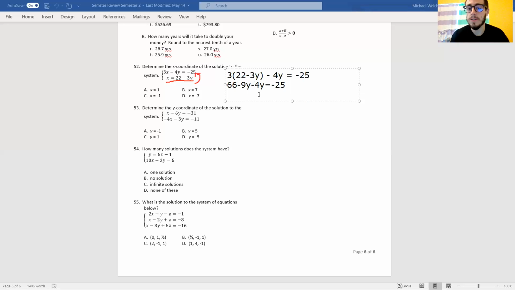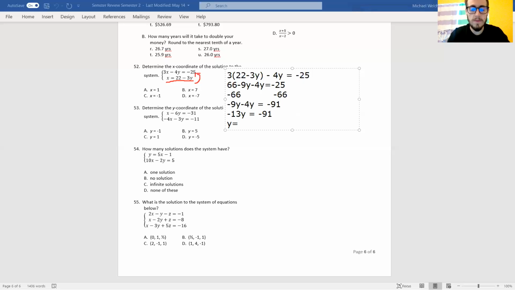I'll subtract 66 from both sides, and that gives me negative 9y minus 4y equals negative 25 minus 66, which is negative 91. Then I'll combine these like terms: negative 9 minus 4 is negative 13, so negative 13y equals negative 91. Then I'll divide by negative 13, and I'll get 7.